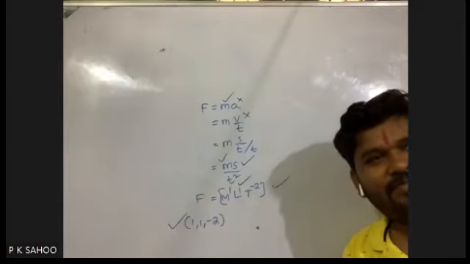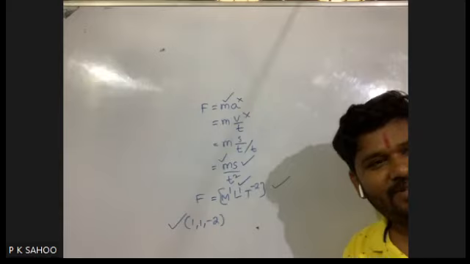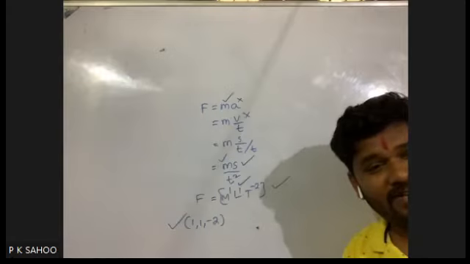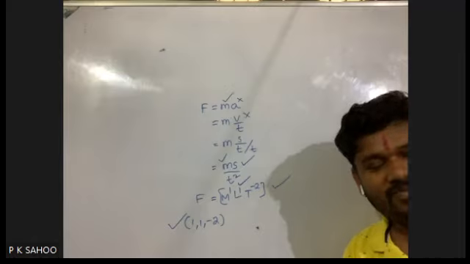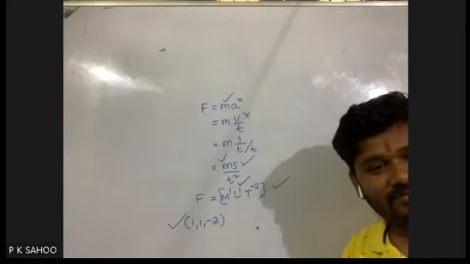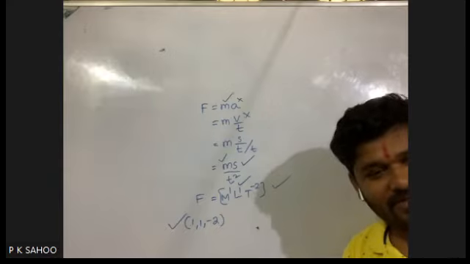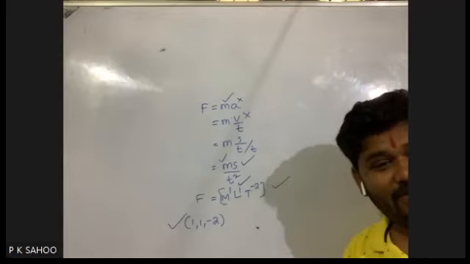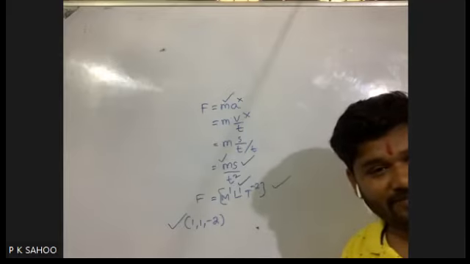The question will come to your mind, sir, in these 94 quantities, only a few are familiar to you. Around 20 or 30 quantities will be familiar, but around 70 quantities are totally new for you. If you do not know their formula, then how can you find their dimension?